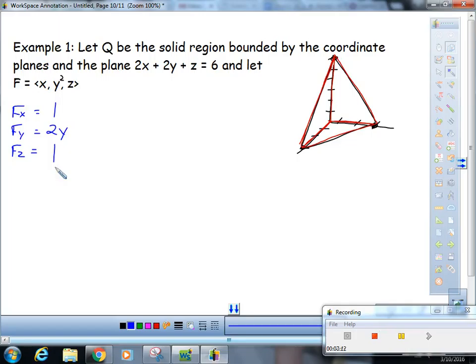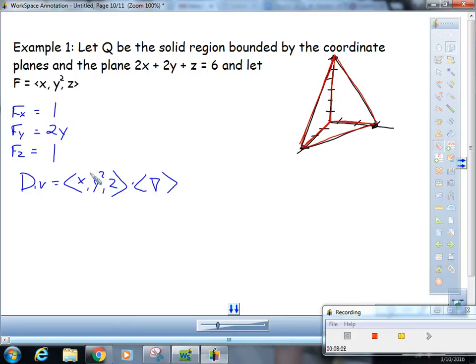We know that divergence is equal to our force dotted with our operator del. This should just be an x. That is going to be 2 plus 2y.